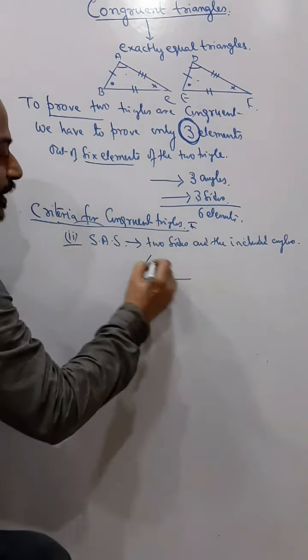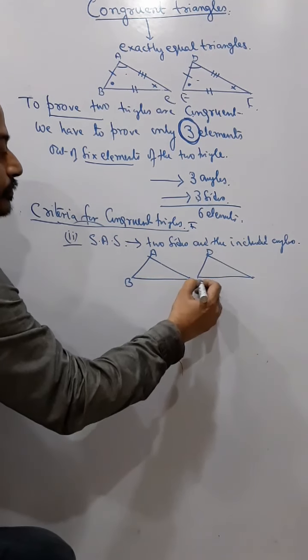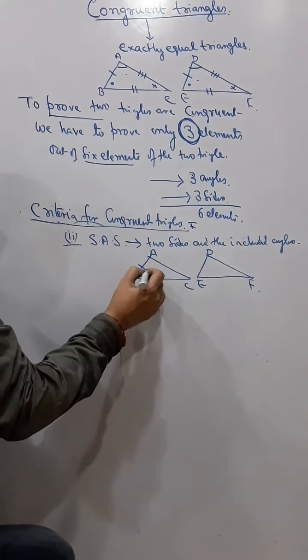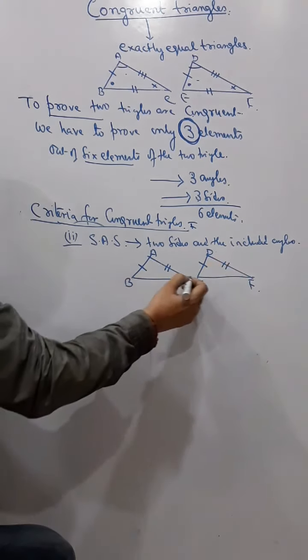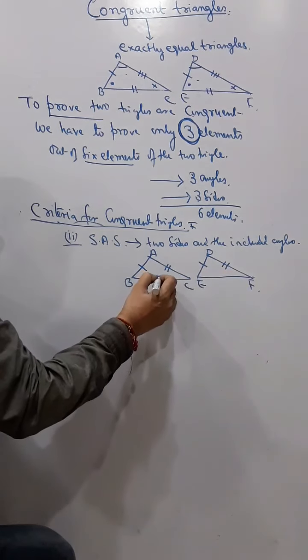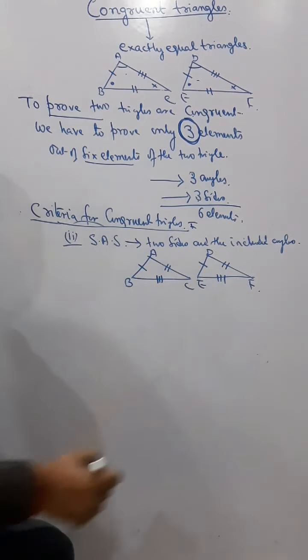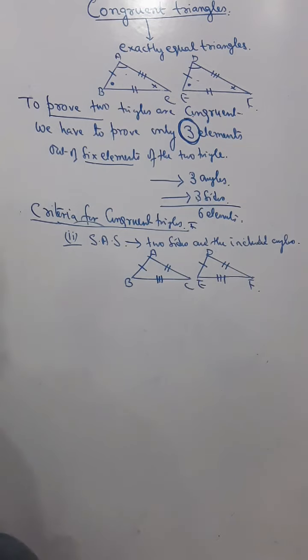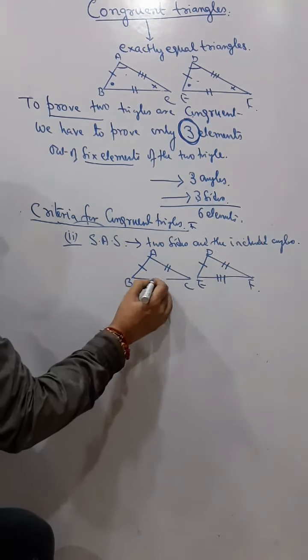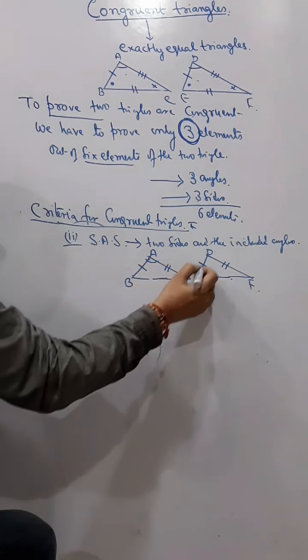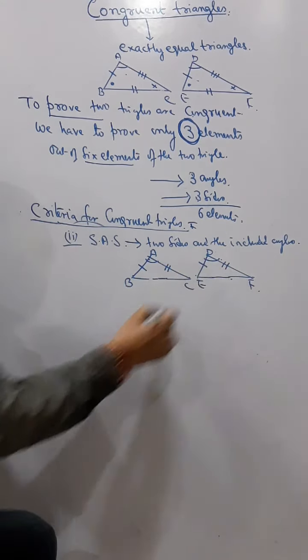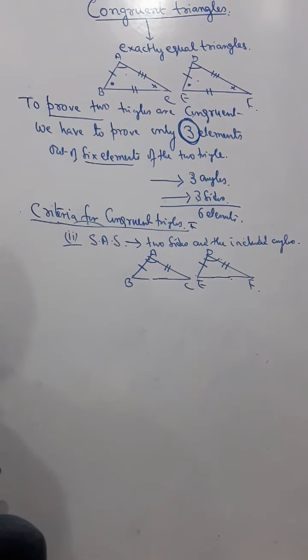Suppose in these two triangles AB equals DE, AC equals DF, and angle BAC equals angle EDF.